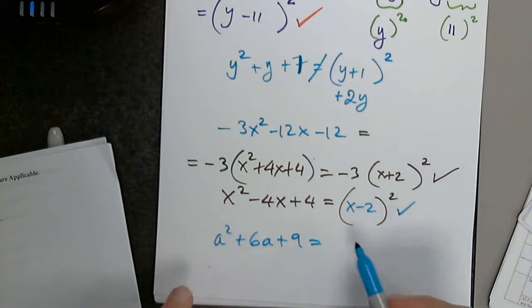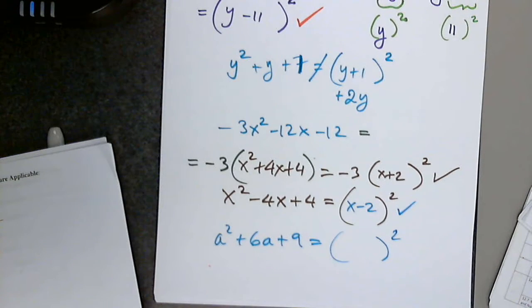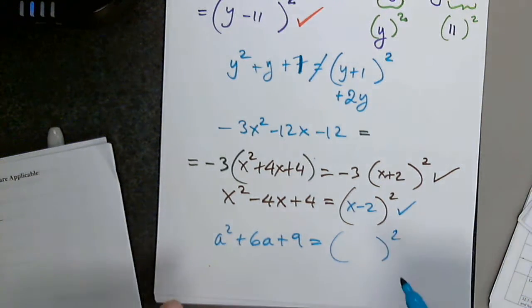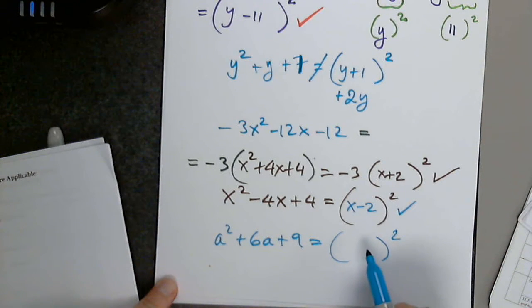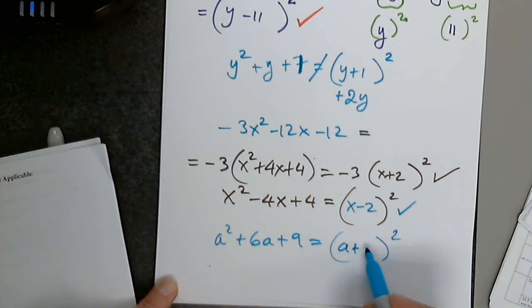As long as the first and the last are perfect squares, I will hope that this is a special product. And which one? Don't look at the middle term, just tell me what you expect.